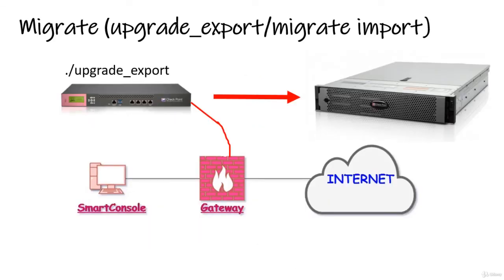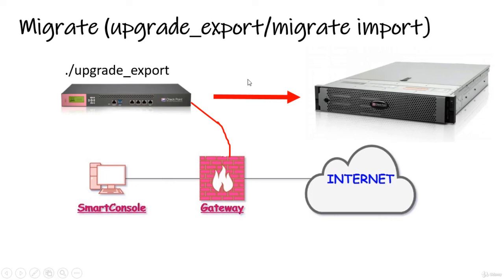From our previous lessons we have the distributed scenario where we have the management server, this guy here, and this is our gateway that passes the traffic. We want to upgrade to a different management server, which is way better. It can manage way more policies and way more gateways.